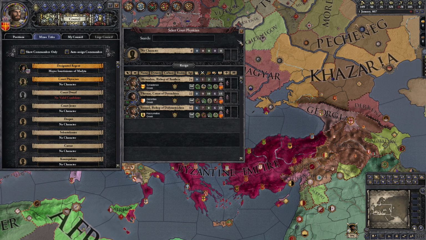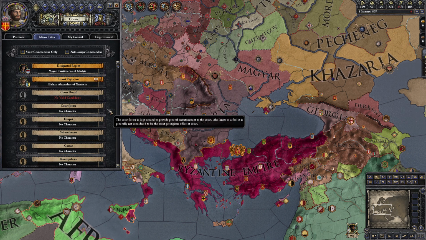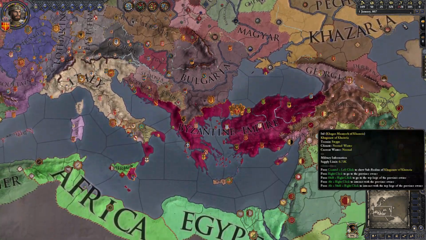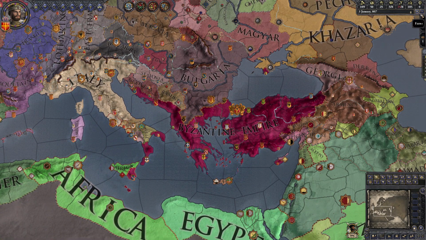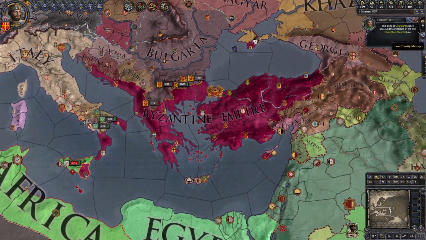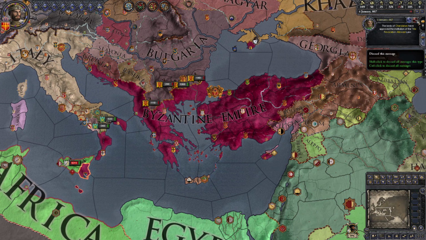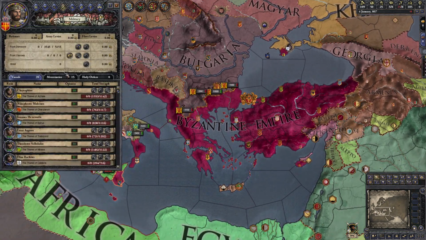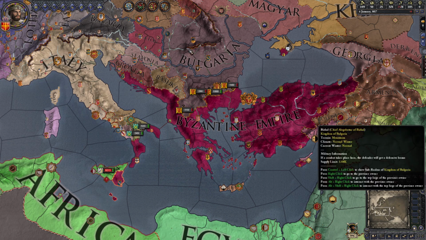Let's see here. Oh, there's no valid candidate for Court Dwarf. Okay. Alright, it looks like they are moving their troops in, and we do not have many options, primarily because I can't call the lords to war because I am over the vassal limit.